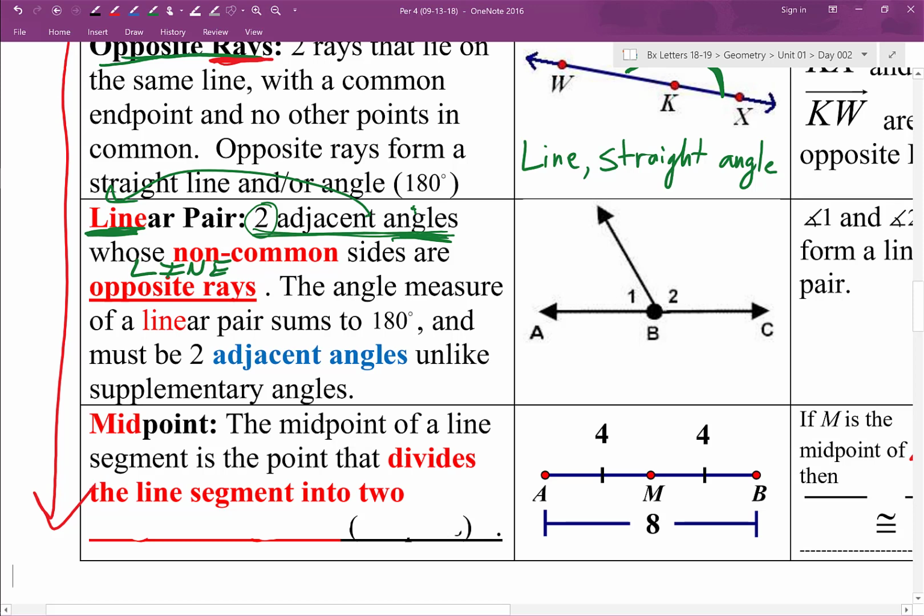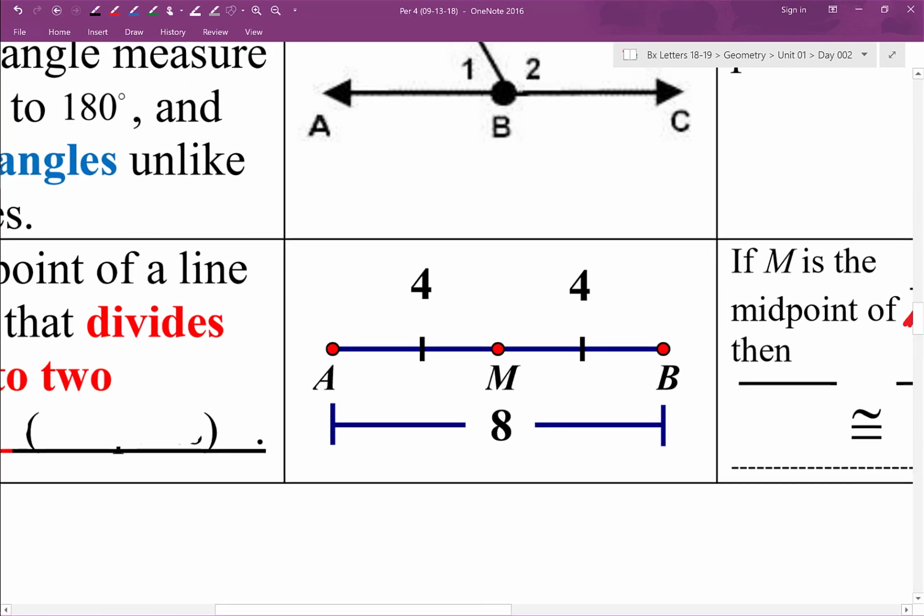Okay, well, look at the picture. Which point looks like the midpoint? M. And where is M? It's in the middle. What is M doing to that total 8? It's splitting it how?